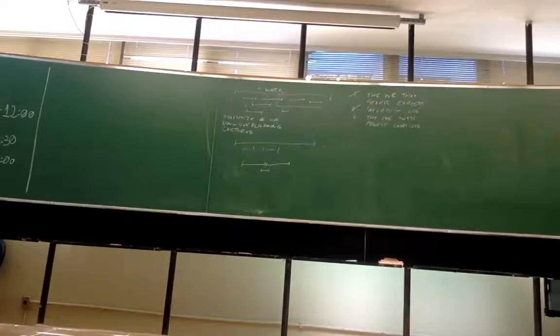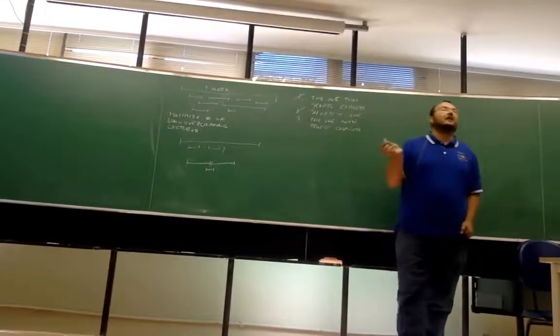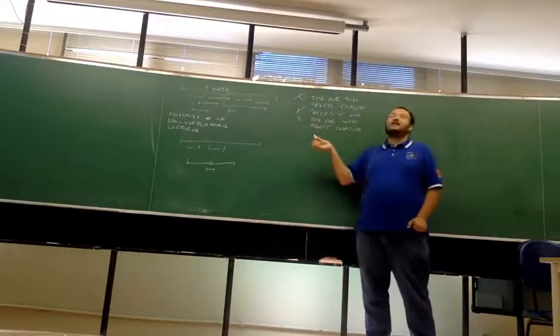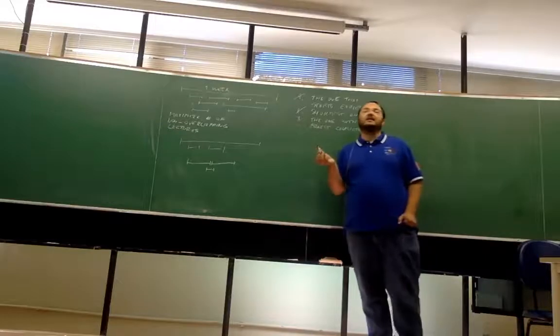But let me stop you right now for a moment. In some cases, and for some problems, it will turn out to be the case that none of the greedy solutions you can come up with are optimal. It may be the case that finding the optimal solution is NP hard.